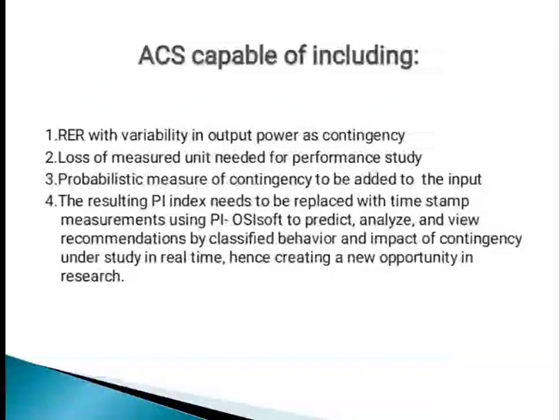That may also create some types of contingencies. Then the second point is the loss of a measured unit which is needed for the performance study. If the unit which is measuring that particular point is itself lost, then that will definitely affect the performance level. The third point is the probabilistic measure of contingency to be added to the input.